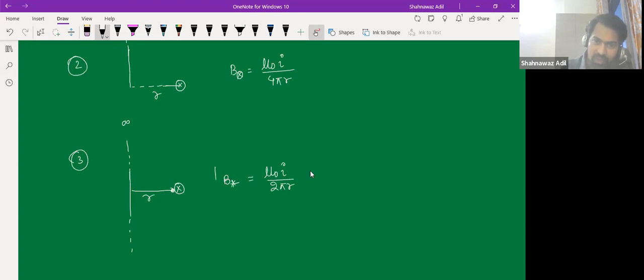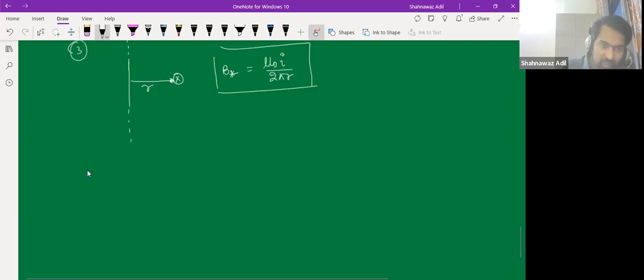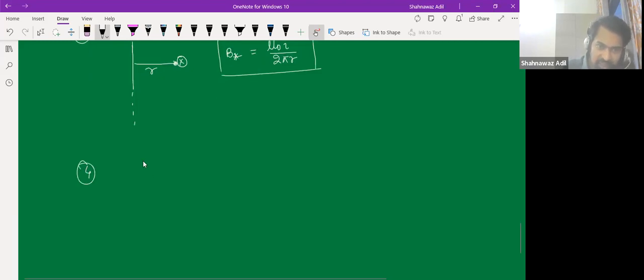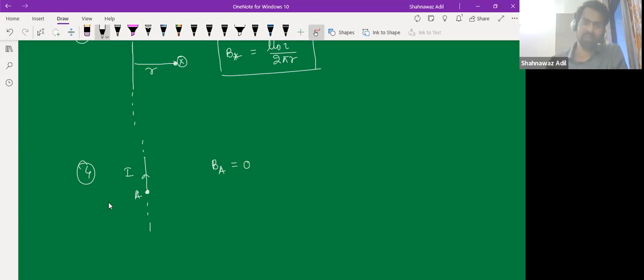So these were the three different magnetic fields. And the fourth one is that if I calculate the magnetic field at a point along the line of the wire, let's say this is point A, the magnetic field at A would be 0. So these are the four things that we should remember.